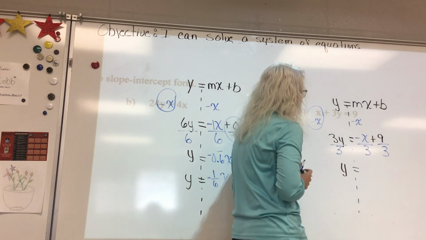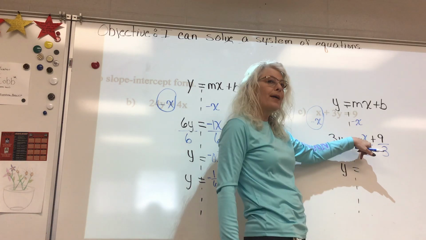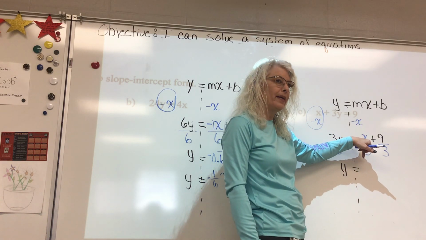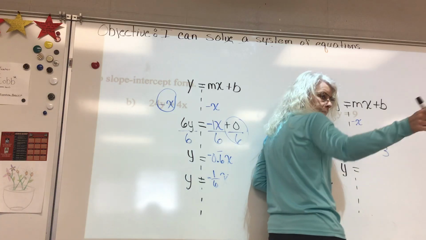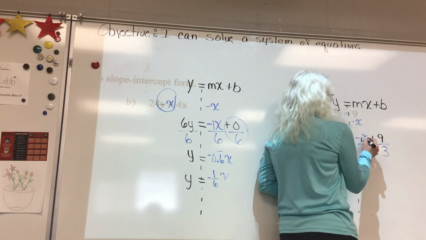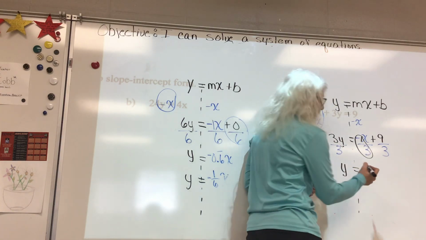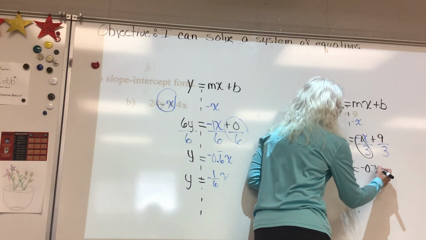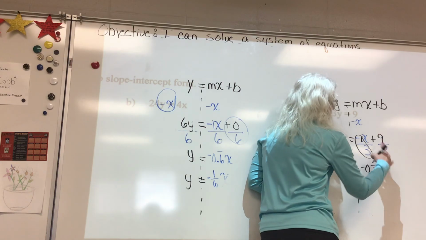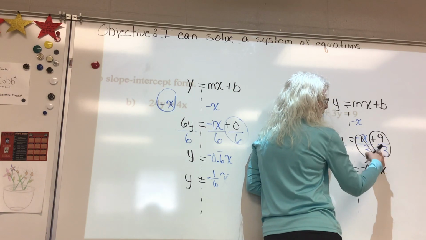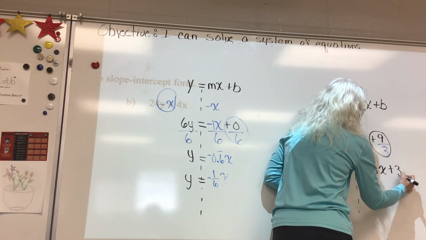Here again, I don't have a number in front of that x, so what number is understood to be there? 1. So negative 1 divided by 3 is negative 0 point repeating 3x. Positive 9 divided by positive 3 is positive 3.